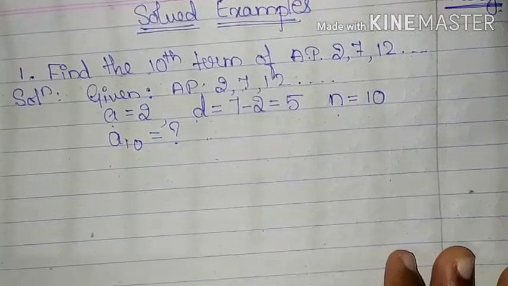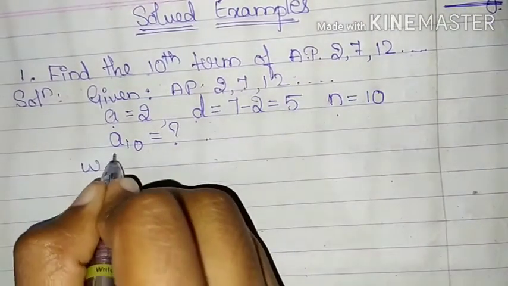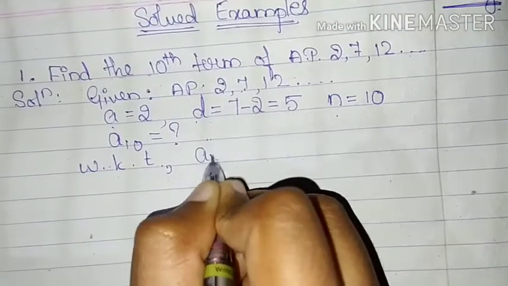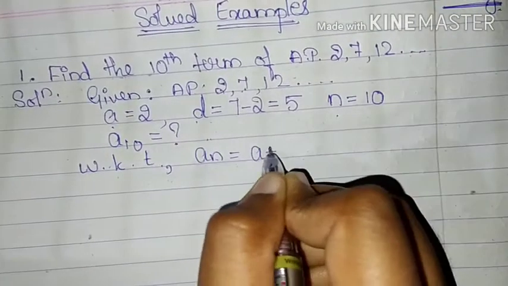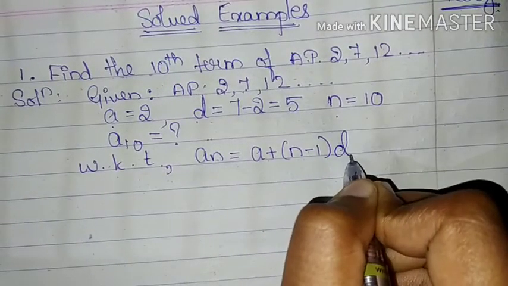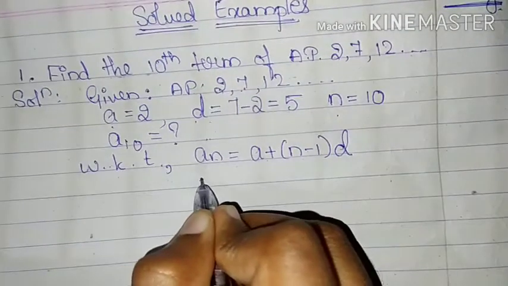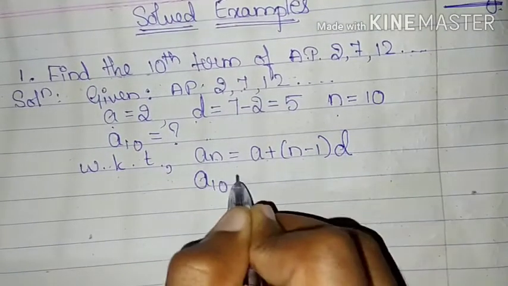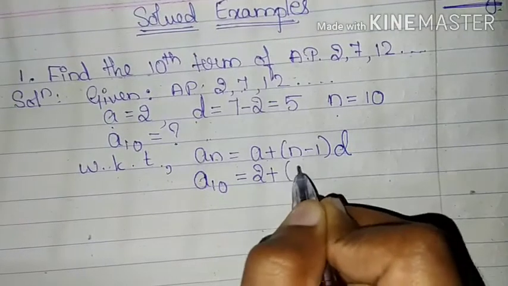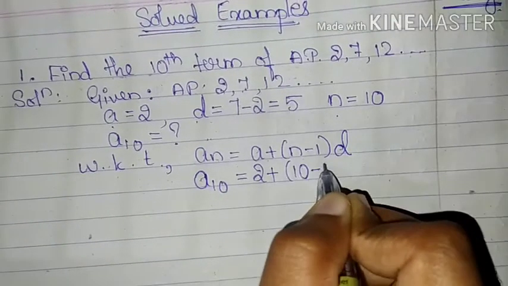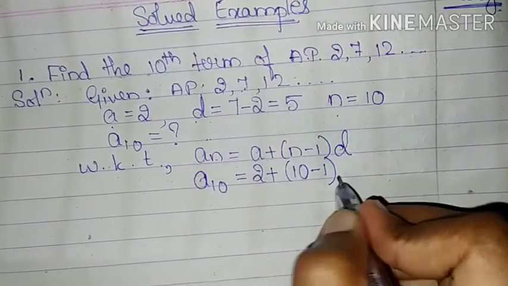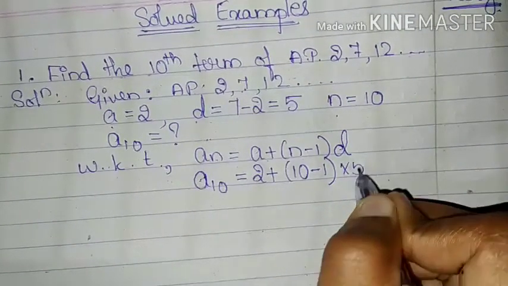Okay. So now we'll use the formula. We know that An is equal to A plus (n minus 1) into D. Now n is equal to 10. So A10 is equal to A, which is 2, plus n, once again 10, minus 1, into D. The value of D is 5.